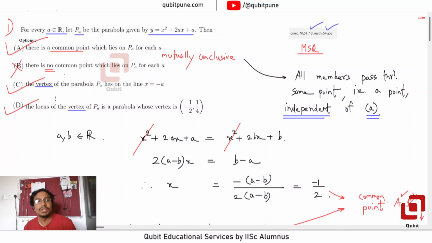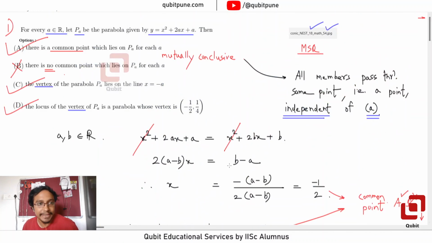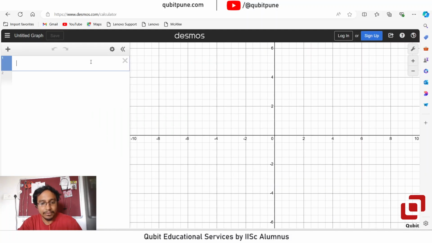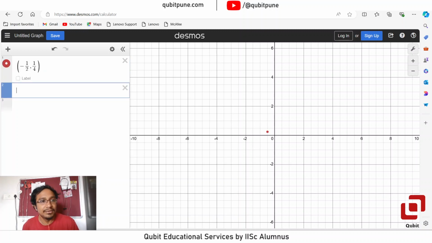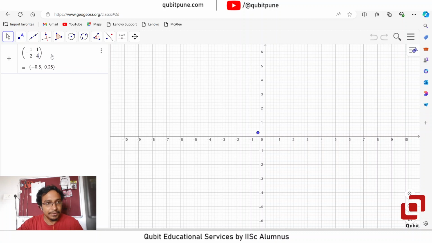Now let us go to GeoGebra and see whether all these parabolas indeed pass through the common point minus 1 upon 2, 1 upon 4. For that I first need to plot the point: minus 1 by 2 comma 1 by 4.